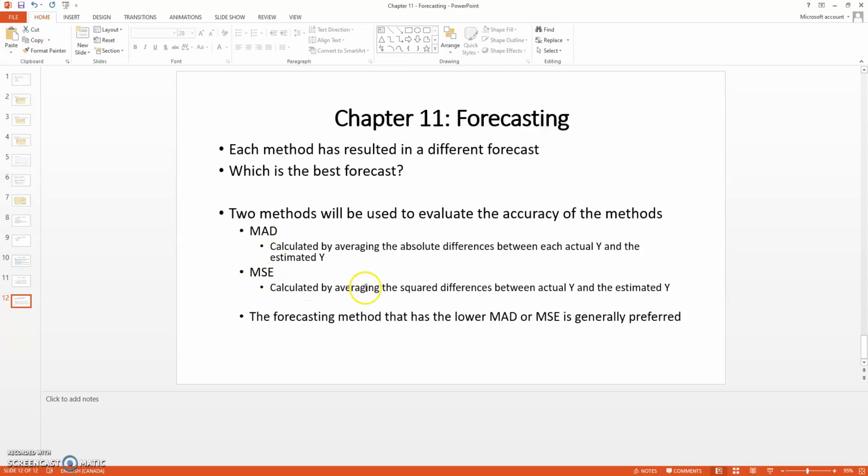MSE is the average of the squared differences between actual and estimated y. Generally, the forecasting method with the lower value is preferred, and you would choose one of these. We're going to go over both of these, but generally a researcher is going to have one that's more preferred. There are other methods to determine the accuracy of forecasting methods, but these are the 2 that we will focus on.